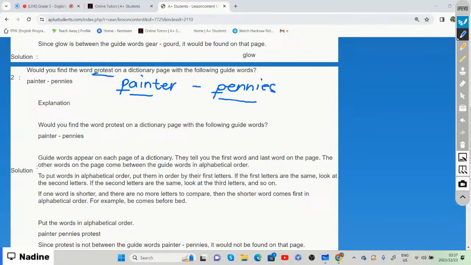Then we look at the second letter. Painter, of course, will be first because it's P-A. Then pennies because it's P-E. So protest comes after pennies, which means that we will not find protest on that specific dictionary page, because pennies is the last word on that page.